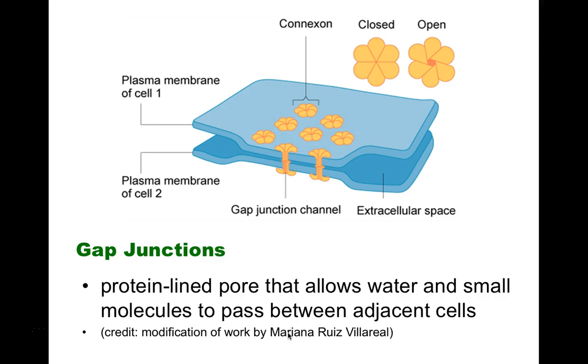Gap junctions are made of protein that allow water and other small materials to pass from one cell to another. Oftentimes, gap junctions have some kind of control mechanism, so only certain types of materials can pass from one cell to the next. It is a fairly regulated structure, because sometimes gap junctions can be closed, and when needed, they can be opened, allowing that passageway from one cell to the next.